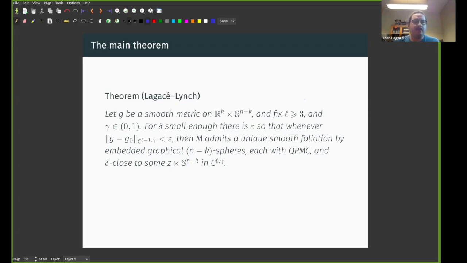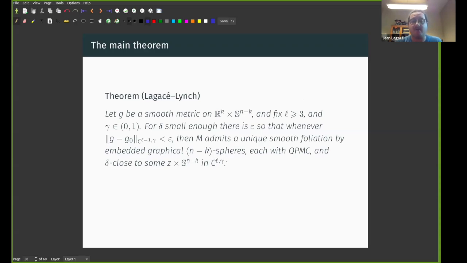And what I show is that whenever the metric is close enough to G0 in some specific spaces, I can find a unique smooth foliation by embedded graphical spheres.